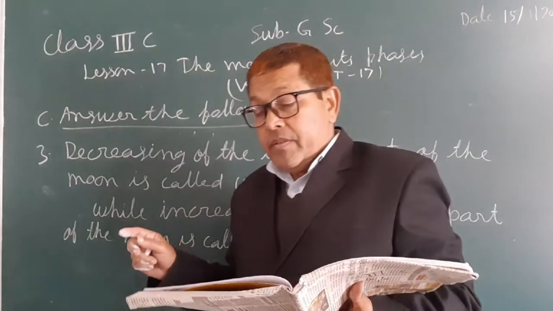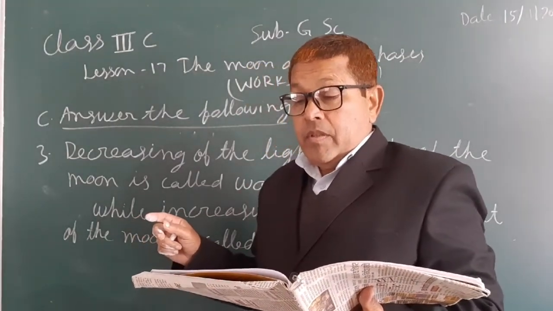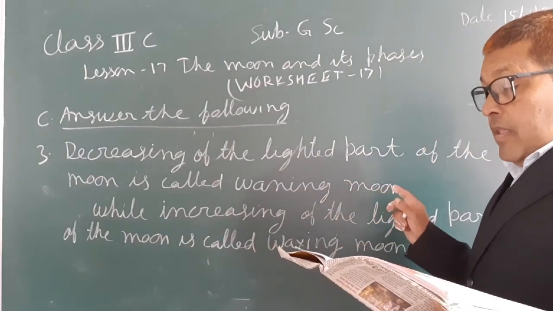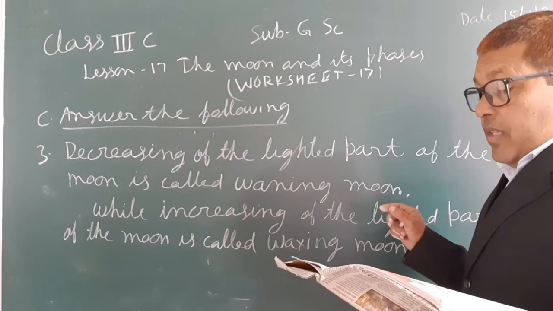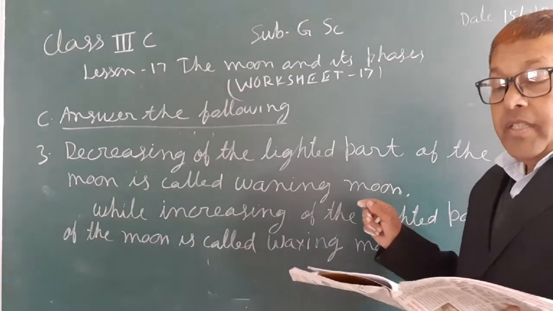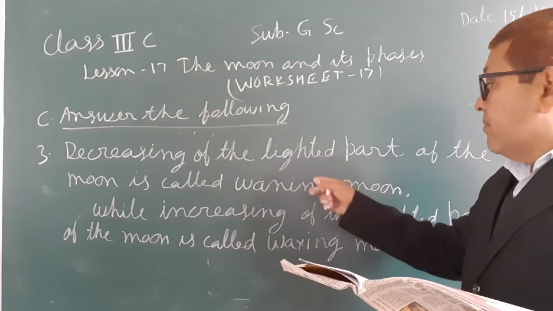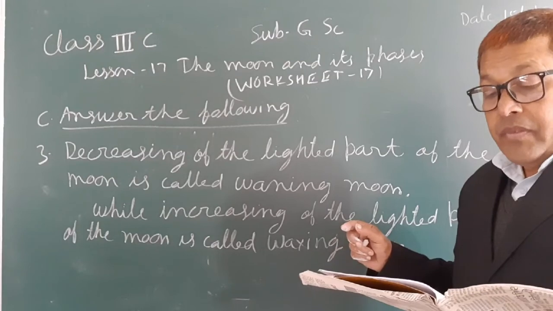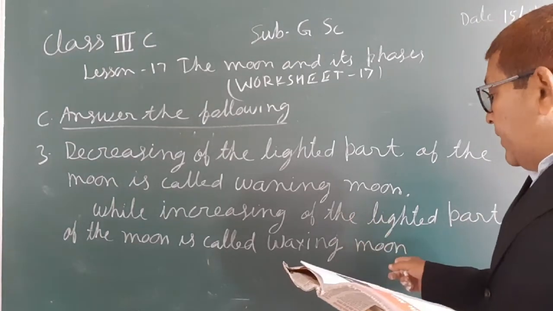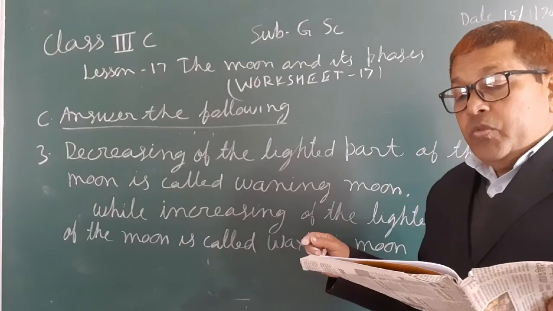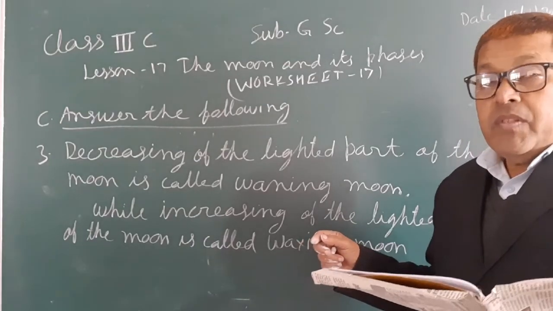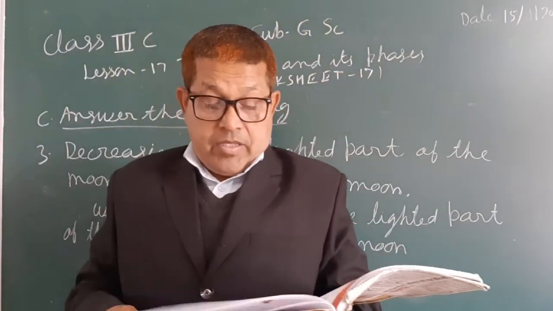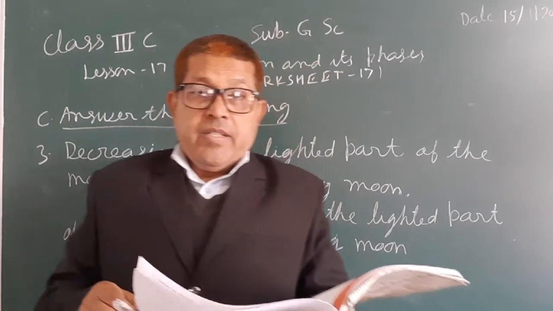In the waning moon, a full moon is ultimately converted into the new moon, while in the waxing moon, a new moon is ultimately converted into the full moon. In this way, we can write the difference between the waning moon and the waxing moon.